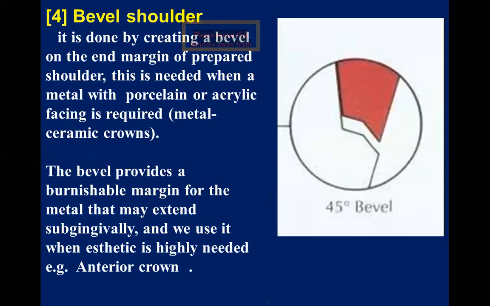We have a metallic base of the crown to be a stronger crown, and we can cover the metal with ceramic material with enough thickness to give the required shade or color of the natural tooth. This bevel shoulder finishing line is very commonly used. It is widely used whenever we use metal ceramic crowns or ceramic fused to metal crowns.